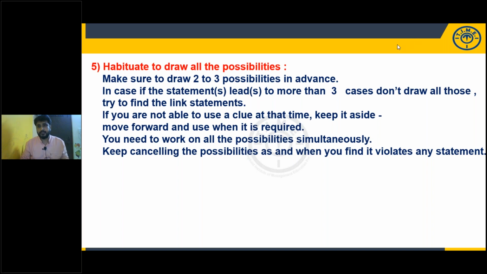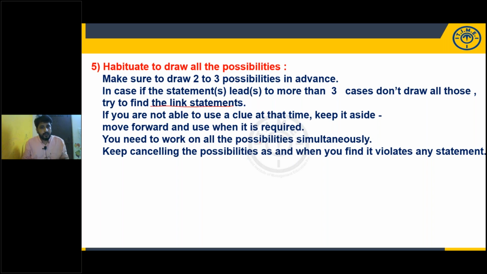The important thing is the clues are given in order, and though they give you the clues in order, sometimes it may lead to 2 to 3 possibilities. It is easy to draw those. But if it leads to more cases, don't draw that many cases. Just try to find the link statements.